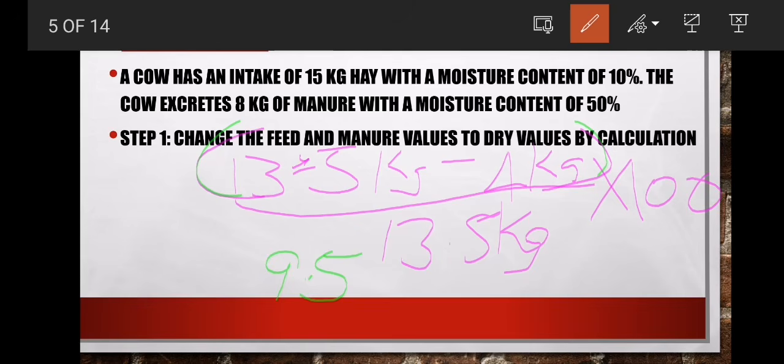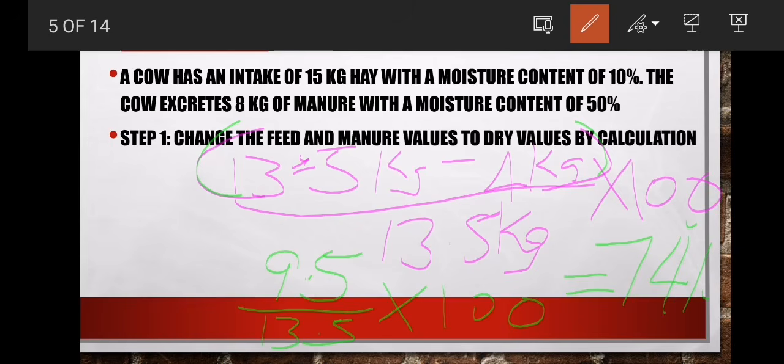Then you say the 9.5 divided by 13.5 multiplied by what? By the 100. Never forget the 100. It will give you 70.37, which we can agree, let's just say it's 74%.